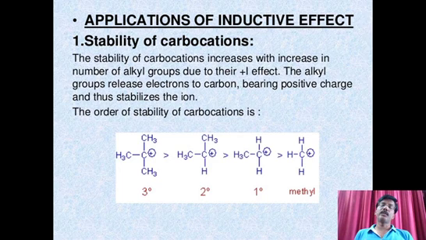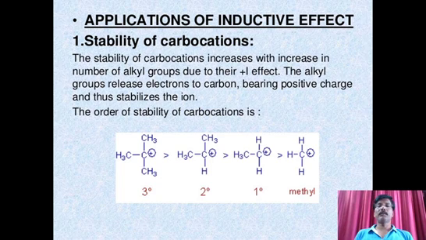So how do we reduce the positive charge? We need to supply an electron cloud, or shift the electron cloud towards the positive charge. Then the carbonium ion effect is reduced. Whenever groups attached to the carbonium ion push electrons towards it, the positive charge is reduced, therefore stability increases.